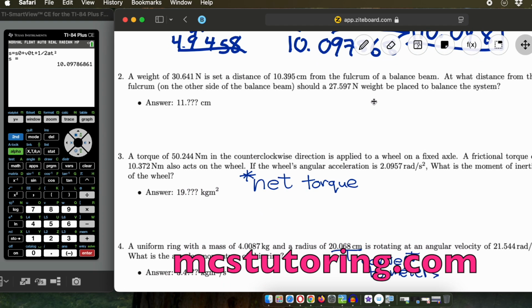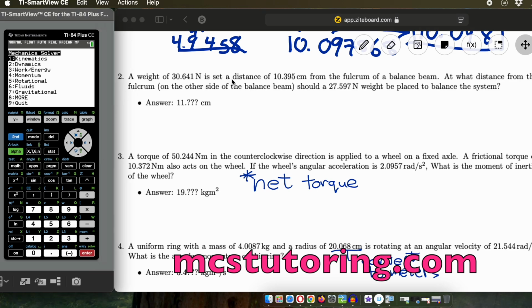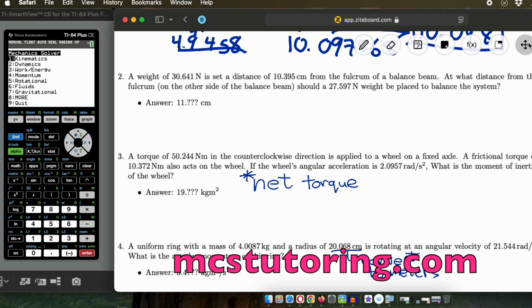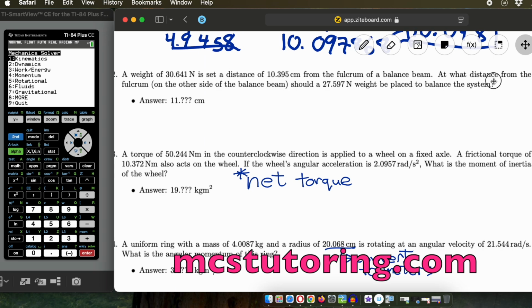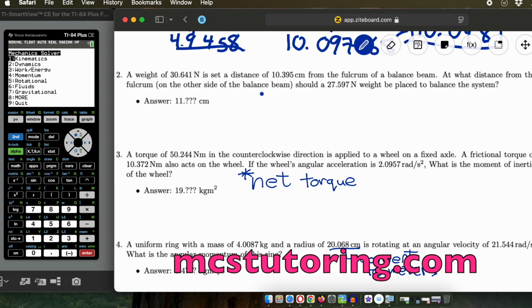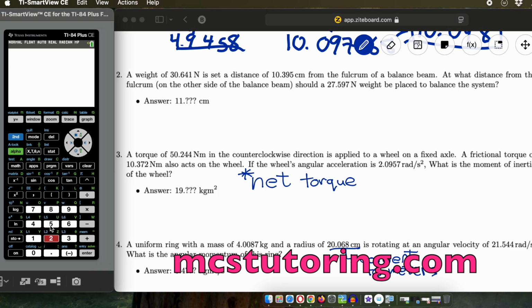We're just going to do the first 4 problems on this worksheet. Now, what distance from the fulcrum? I think this is going to be dynamics. It's a balance beam question. It's under dynamics, and because this is so complicated, I put a help menu under the balance beam.